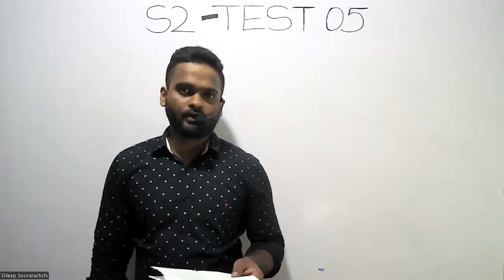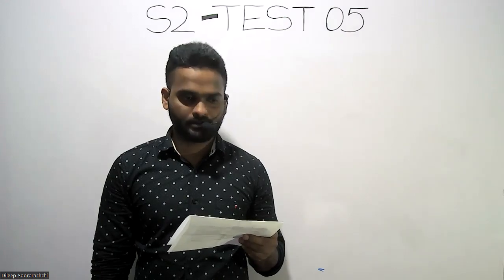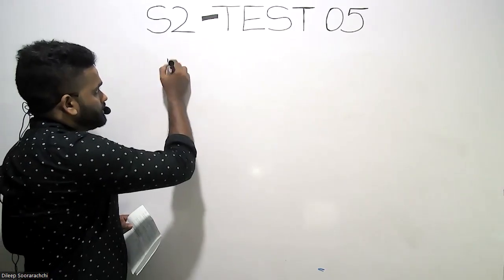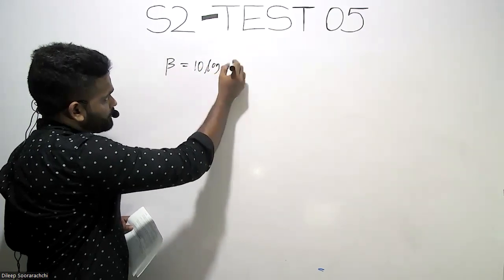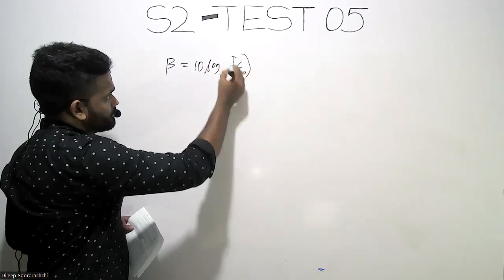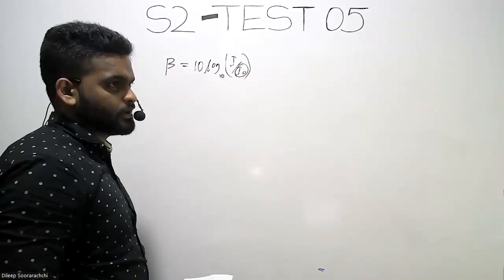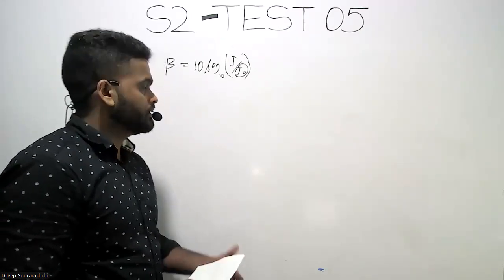Right, 14th question. If the intensity of a sound is doubled, the increase of its intensity level is, right? So for the intensity level, this is the equation. This I naught here is the threshold intensity, 10 to the power minus 12 for the human ear.